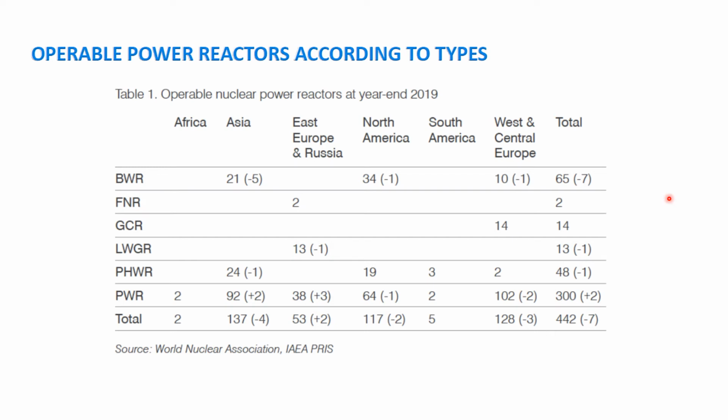And for your pressurized water reactor, it tops the list. 92 plus 2 around Asia and also in East Europe and Russia. 102 in West, Central Europe. So many of the reactors that are operable are usually boiling water reactor and your PWR, or your pressurized water reactor.